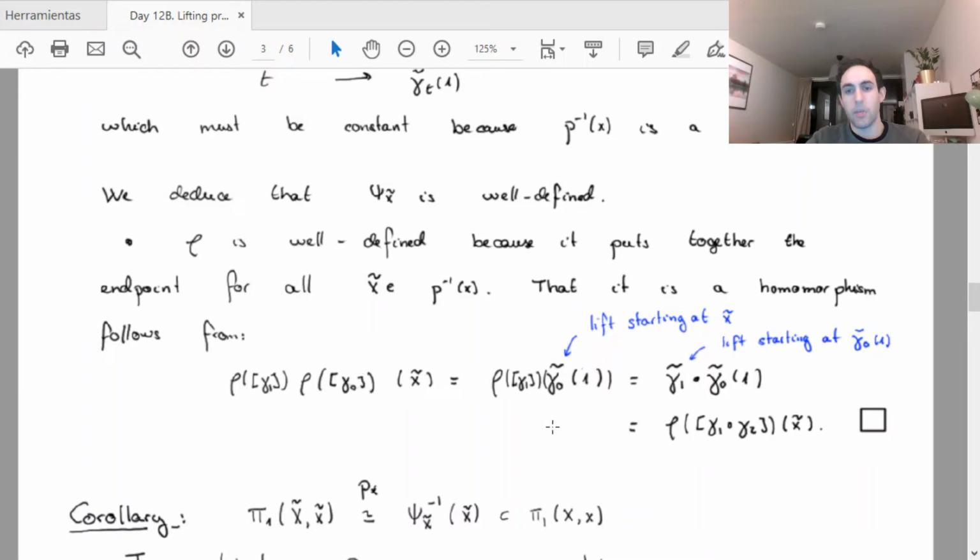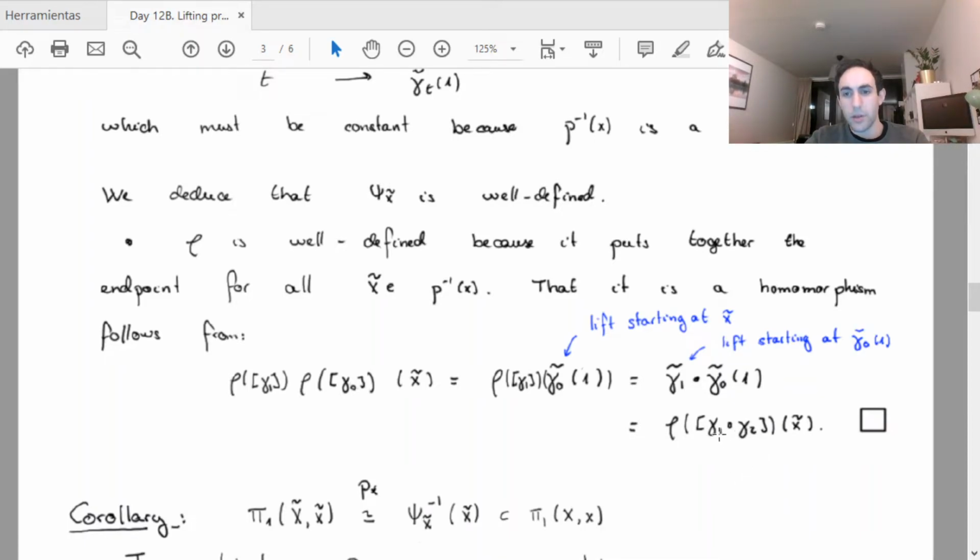All right, so I apply the first lift. Now, to apply this one, I take gamma 1 and lift it to some gamma 1 tilde that starts at this point, at gamma 0 tilde of 1. And now, by definition, this thing I just did is rho of the concatenation of the two.